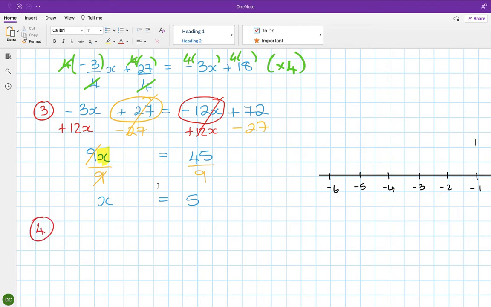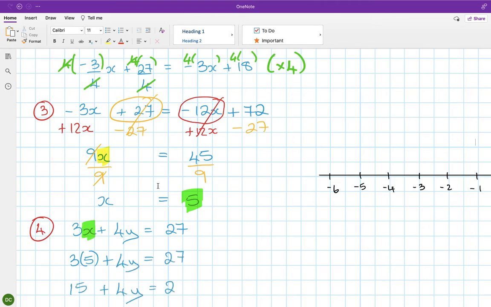Okay, so we need to sub that back into the first equation. So the first equation is 3x plus 4y equals 27. And we're going to change the x into a 5. So it's 3 times 5 plus 4y equals 27. 15 plus 4y equals 27.